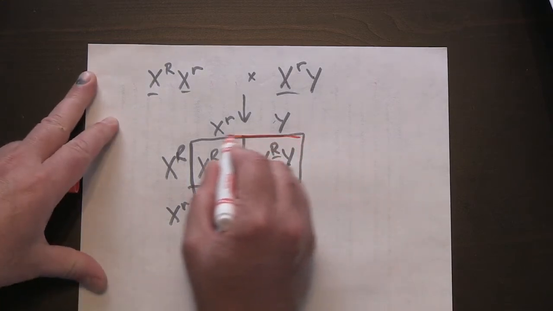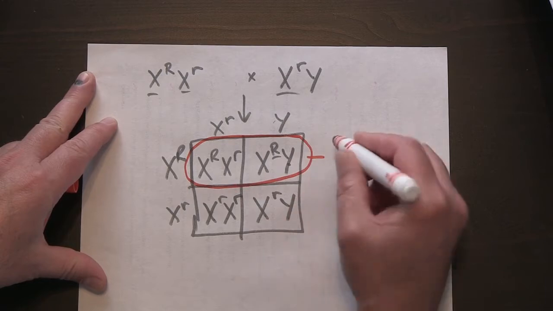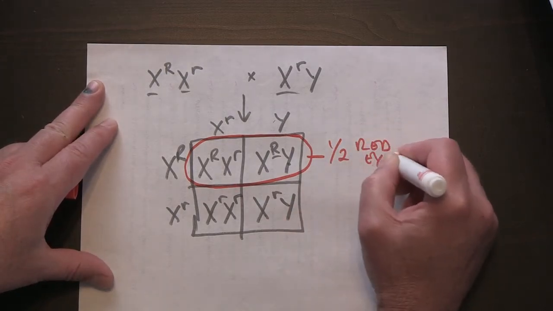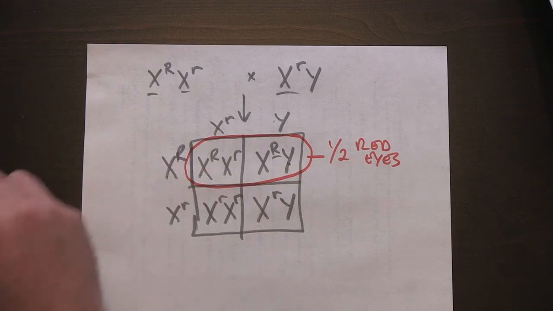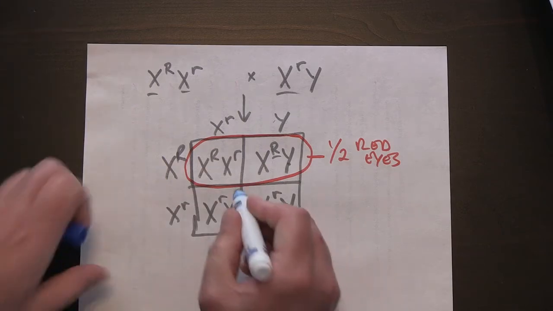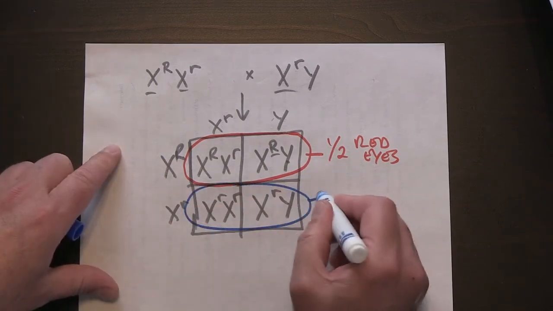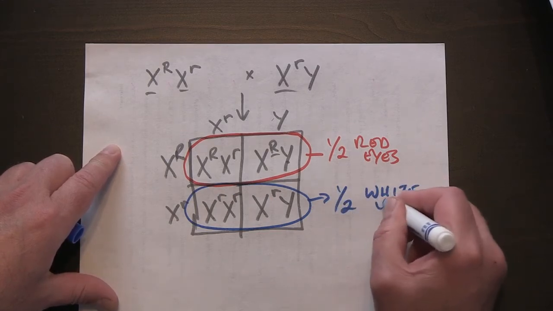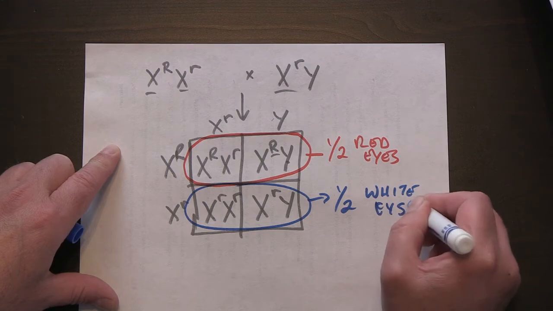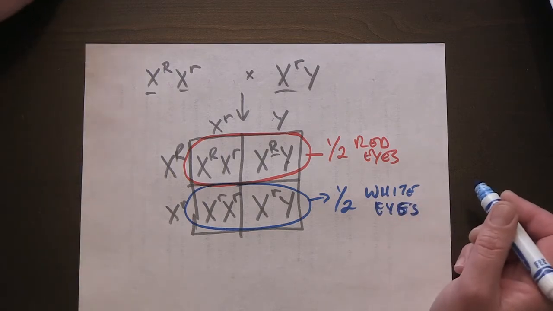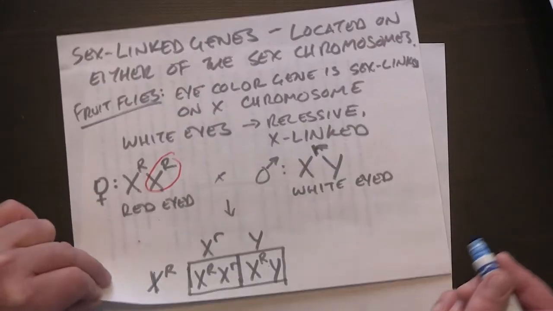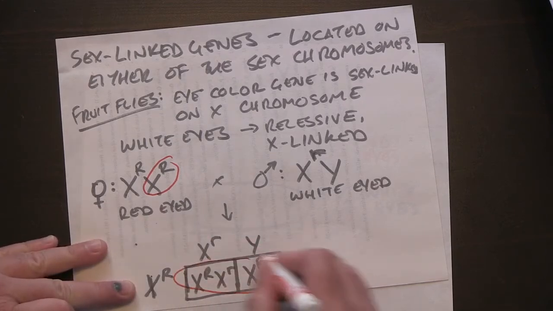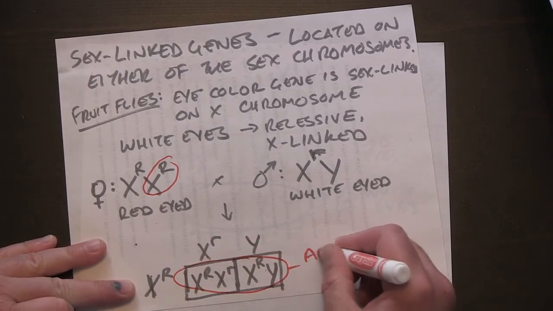So half of their offspring will have red eyes, and the other half will have white eyes. In this previous one I did, all the offspring are going to have red eyes.